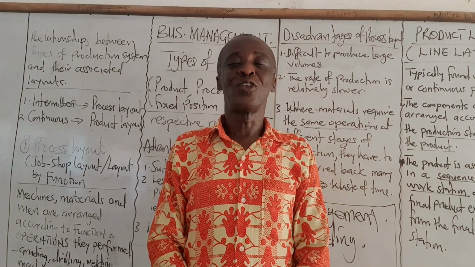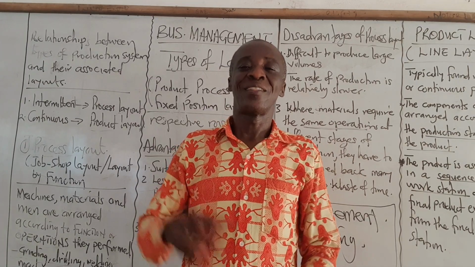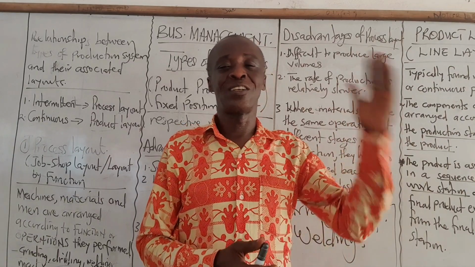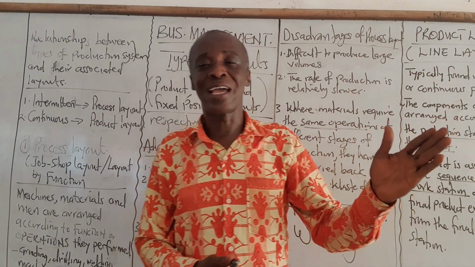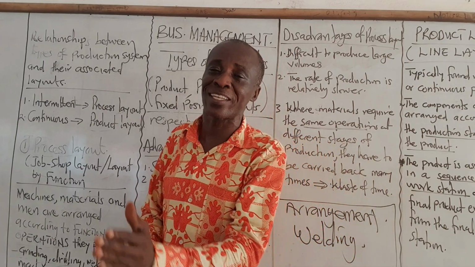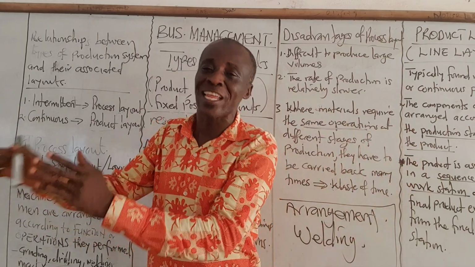So for example, first you have to drill, then from drill you move to welding, from welding you move to this, and then assembling, they will be arranged in that order.